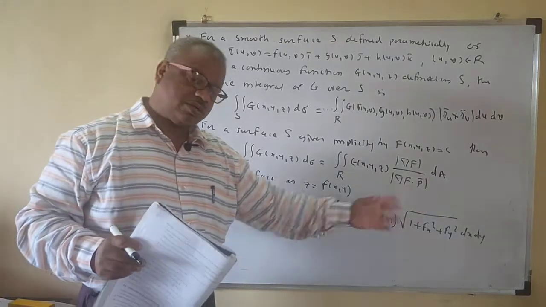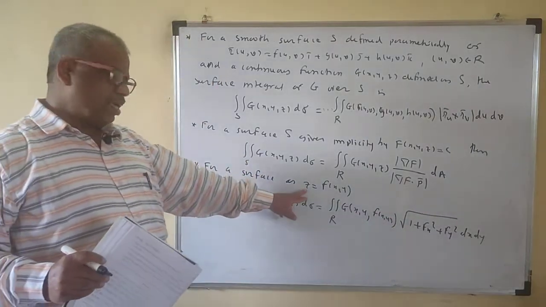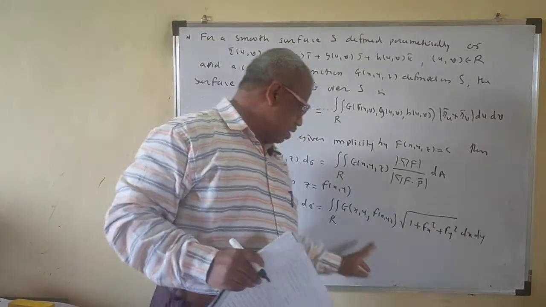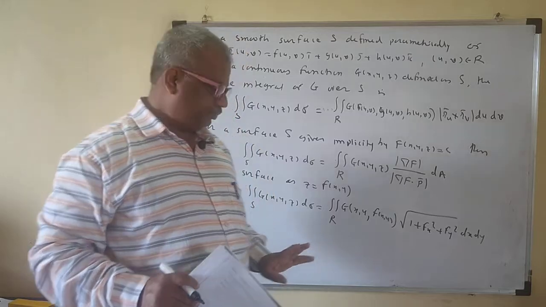Because this is a function of x and y, so dx dy. If this is a function of y z, then dy dz, so here you have to convert to y z.